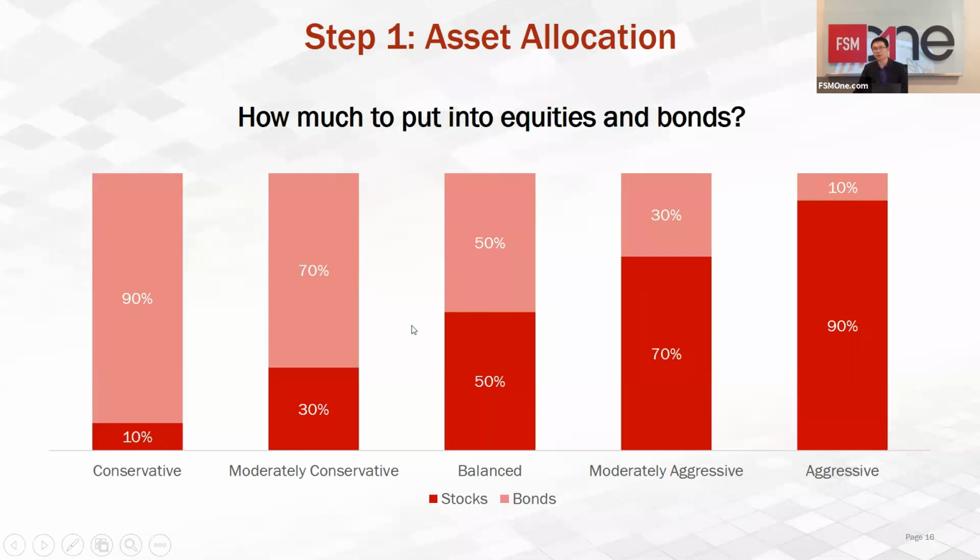And in the middle, if you're not comfortable with either of the two extremes, there is of course somewhere in between. If you think you are a balanced investor, you want to participate in the long-run upside potential of equity markets, but at the same time you want a bit of downside protection, then maybe a balanced portfolio or a moderately aggressive portfolio is something you can consider.